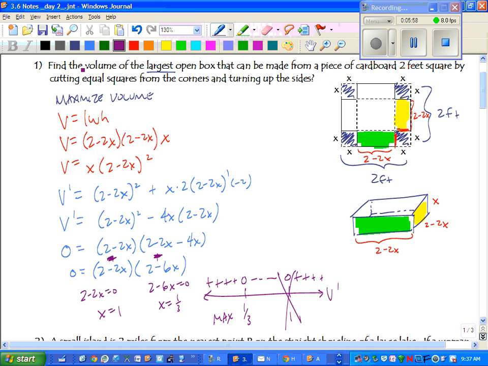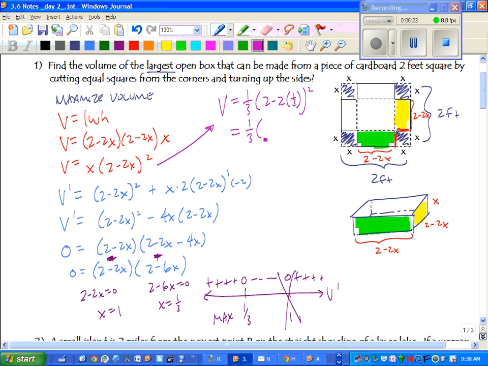So let's see what it's asking. It says to find the volume of the largest box. So we don't want to just find like the dimensions. We want to find the actual volume. So our volume is x times 2 minus 2x squared. We're going to take that and plug in 1/3. So 1/3 times 2 minus 2 times 1/3 squared.